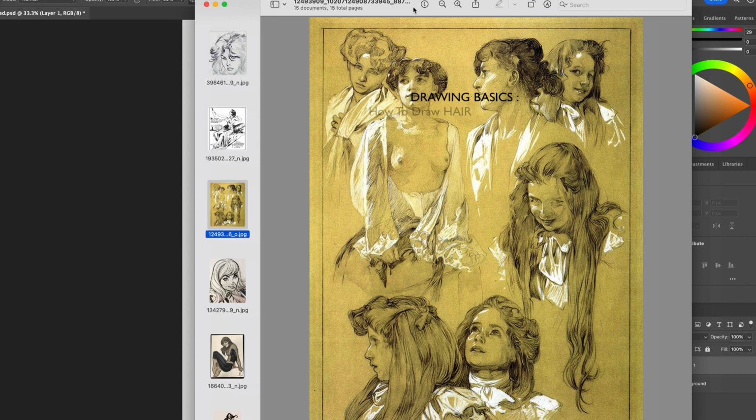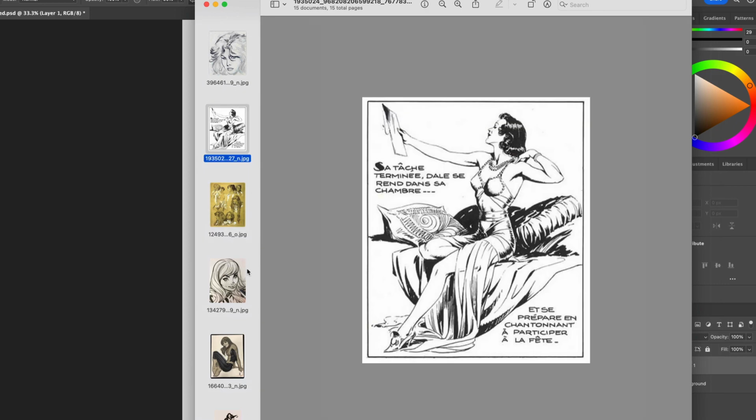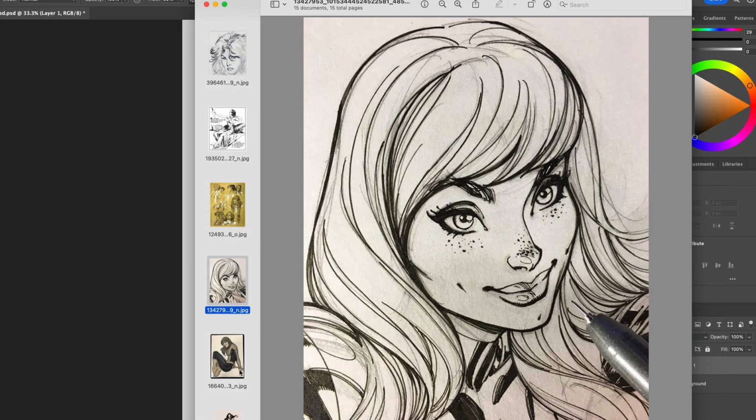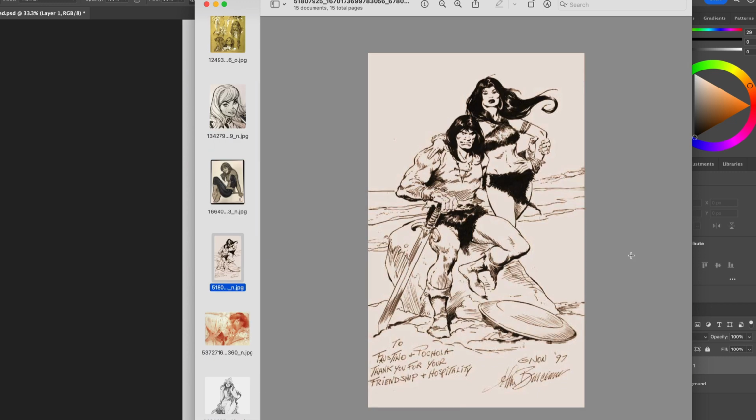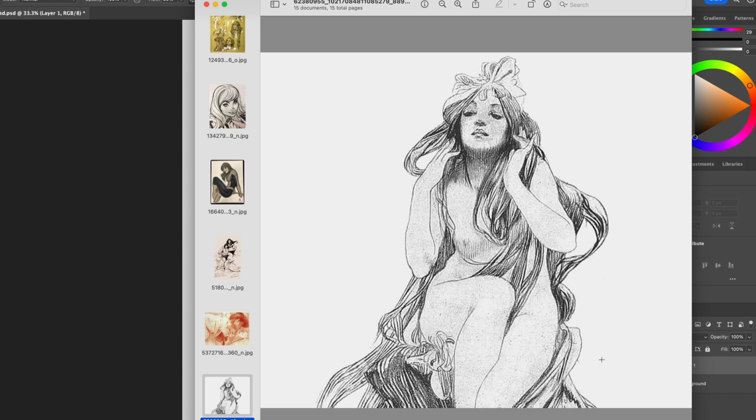Drawing hair can be a bit of a challenge or a difficulty for people, particularly making it seem like the hair is attached to the head, right? Everyone seems to have that difficulty.